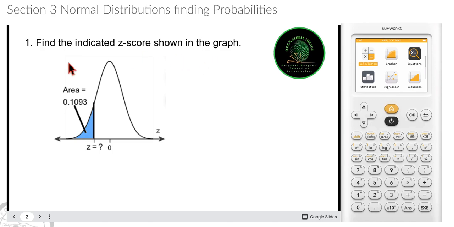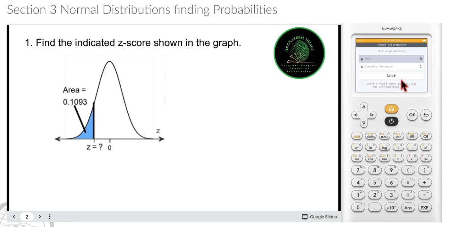Here we've got: find the indicated z-score shown in the graph. Notice this is a standard normal distribution. On our calculator, we go down to distributions, then down to normal, and since it's standard normal, it has a mean of 0 and a standard deviation of 1. That's always going to be the case.